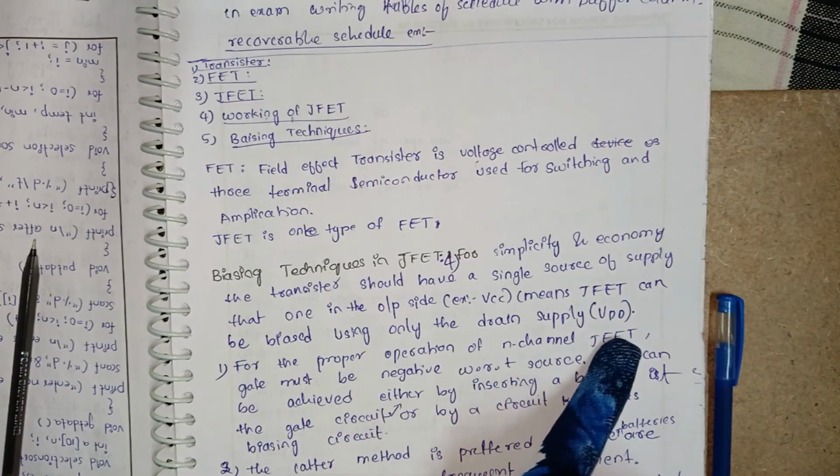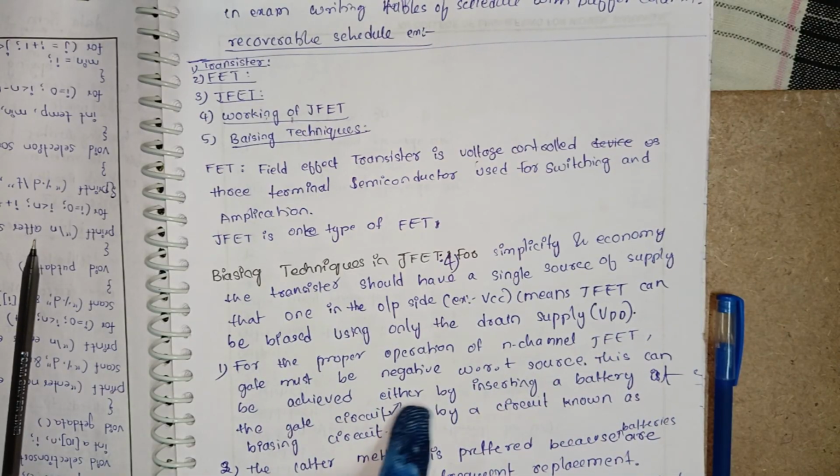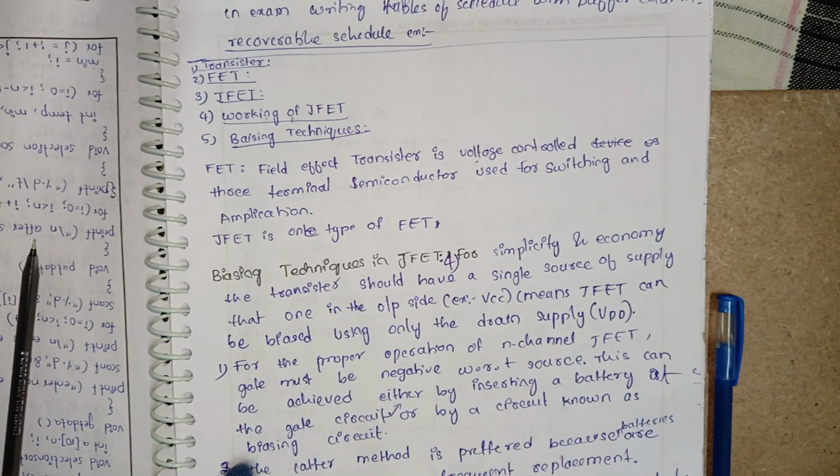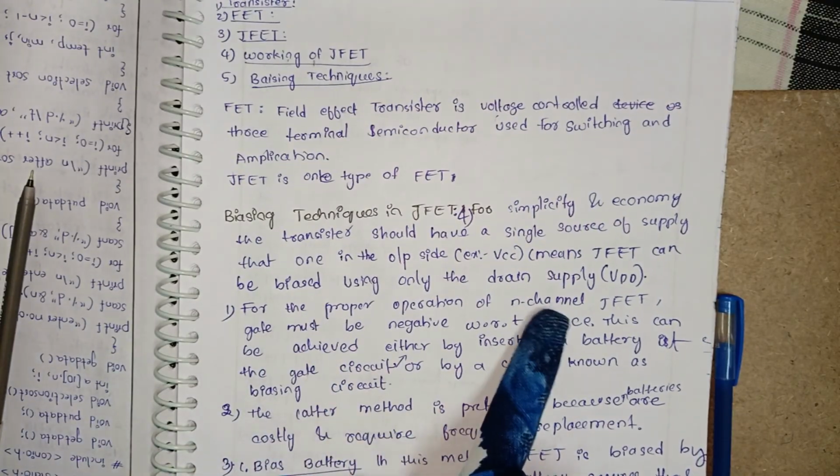For proper operation of an n-channel JFET, the gate must be negative with respect to the source. This can be achieved either by inserting a battery in the gate circuit, or by a circuit known as a biasing circuit.